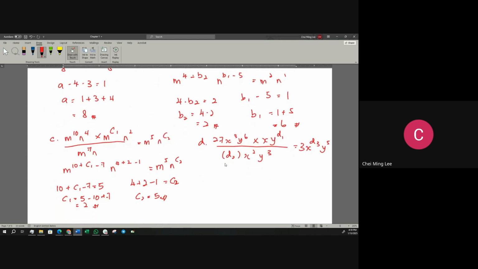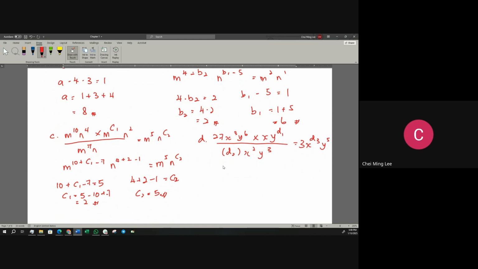So again, we try to simplify it. So it's 27 times 1 over d2. Then x to the power of 3 plus 1 minus 2, y to the power of 6 plus d1 minus 3. Okay, which is equals to 3x d3 y5.